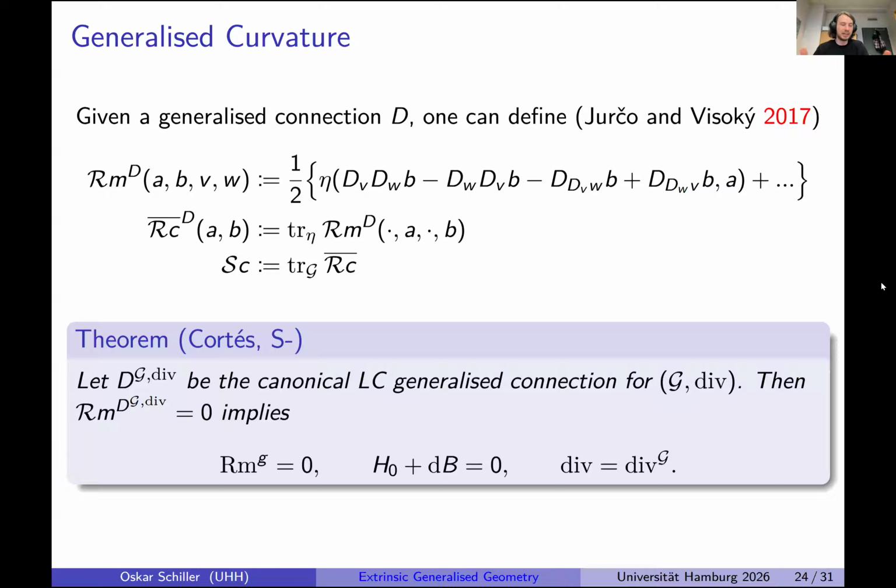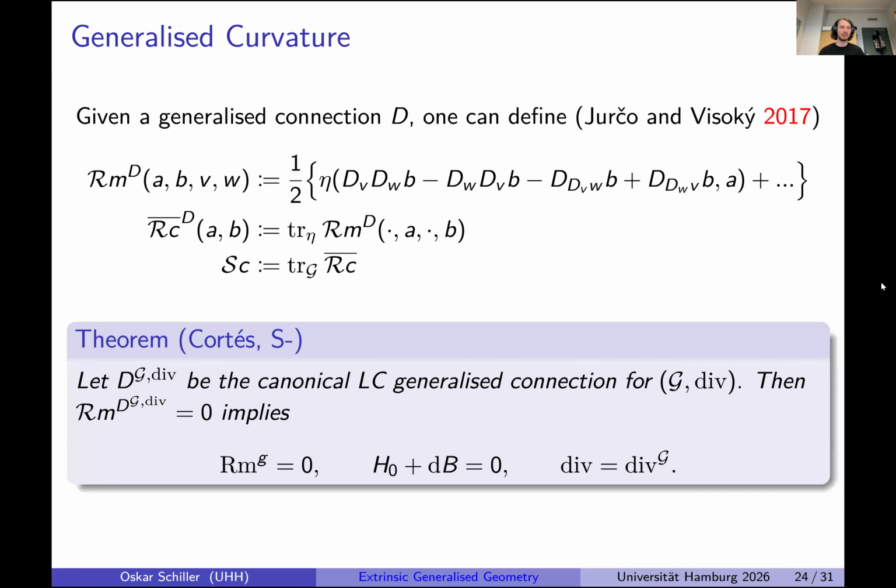Now, given this preferred choice of generalized Levi-Civita connection, you can study the generalized Riemann tensor associated to this preferred choice. And we did this, and we found that generalized Riemann flatness, in the sense that the Riemann tensor of this preferred Levi-Civita connection vanishes, is in fact equivalent to complete triviality.